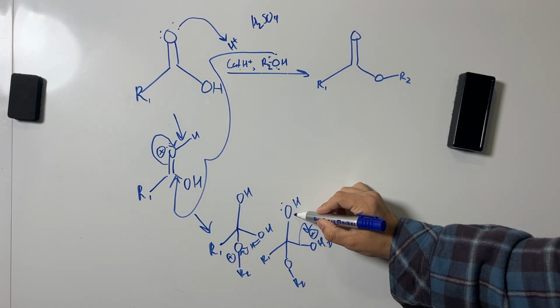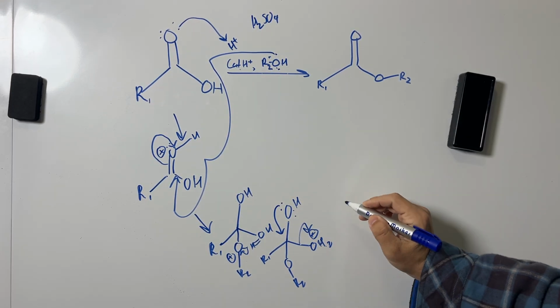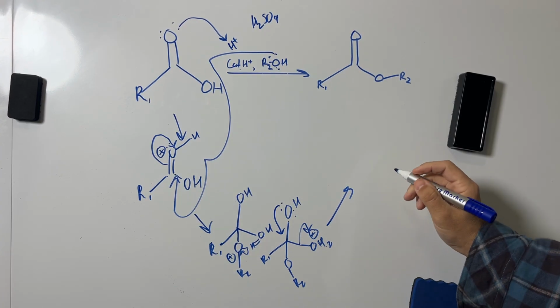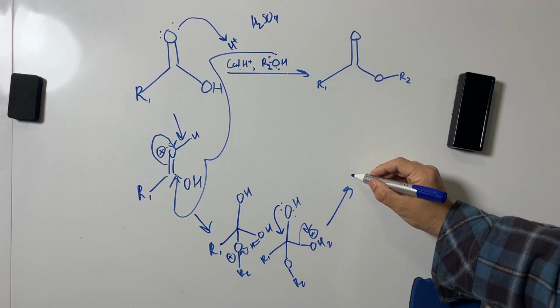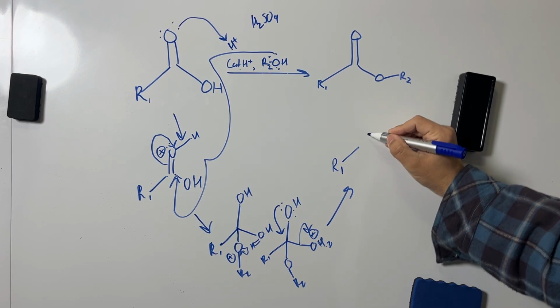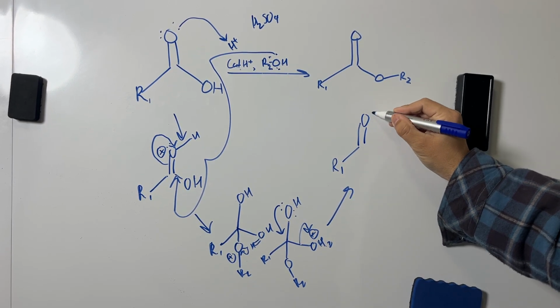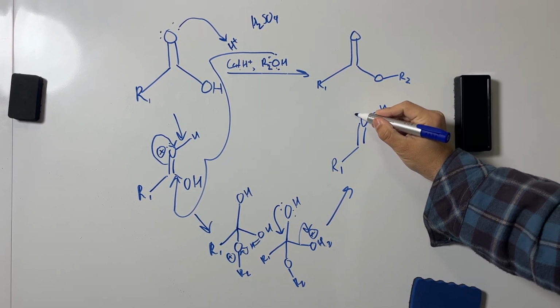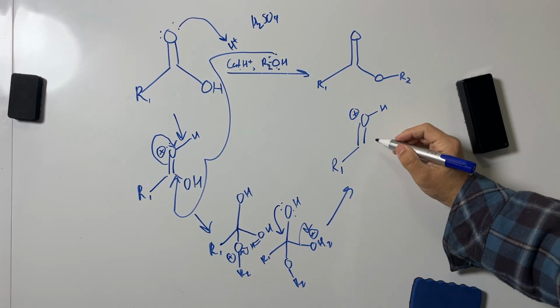And then we're going to have these electrons flow back down here, and we are going to create this species right here, where we have a protonated carbonyl again, which remember is not happy in the slightest.